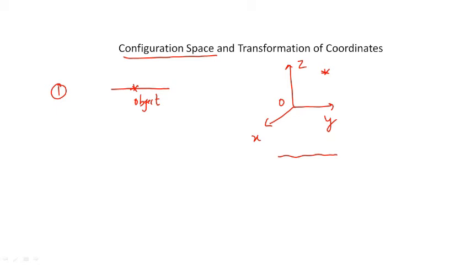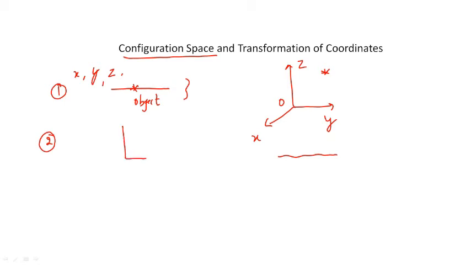If this wire is along the x-axis, you will require a coordinate x; if along the y-axis, a coordinate y; and if along the z-axis, a coordinate z. So for this system you require only one coordinate.